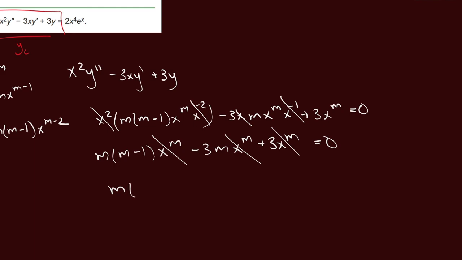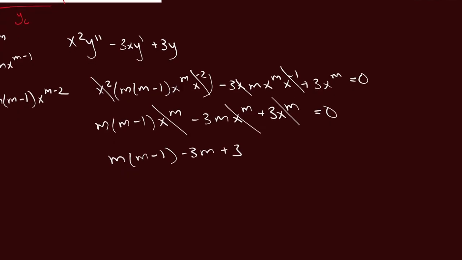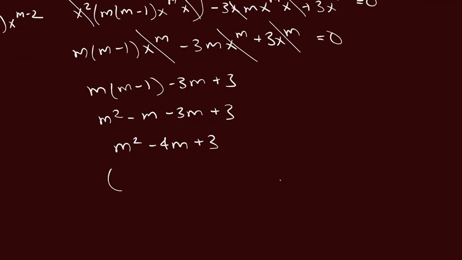So now we have m times m minus 1 minus 3m plus 3. This is just m squared minus m minus 3m plus 3. So m1 is equal to 1 and m2 is equal to 3.